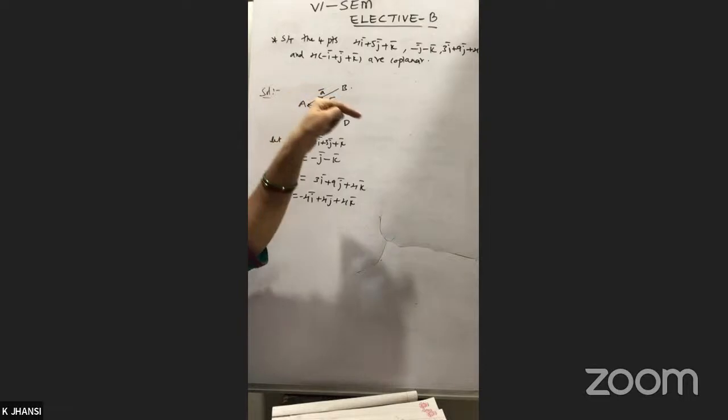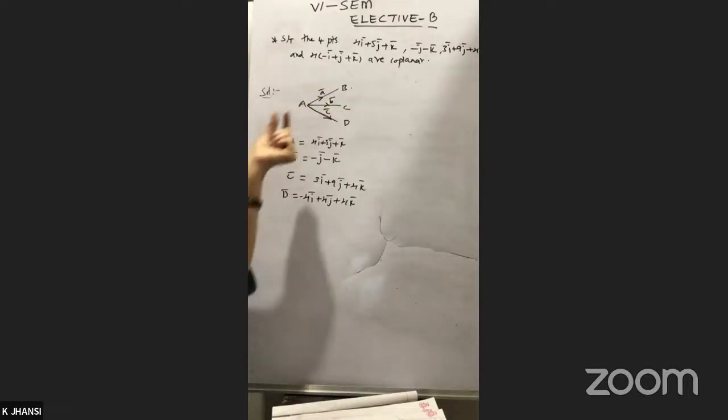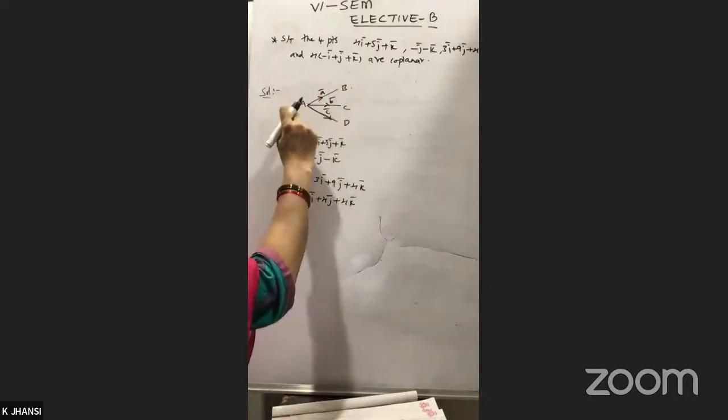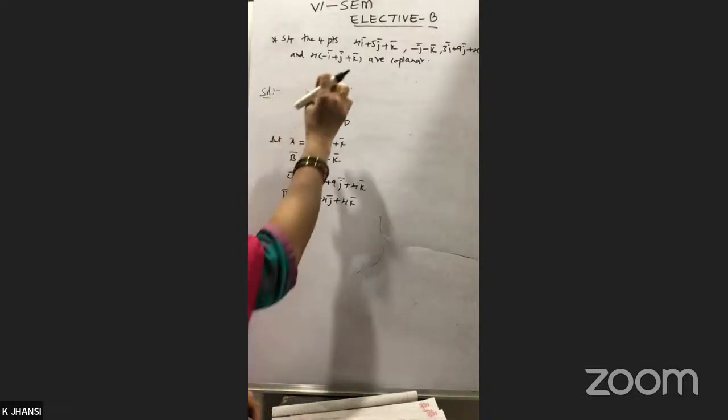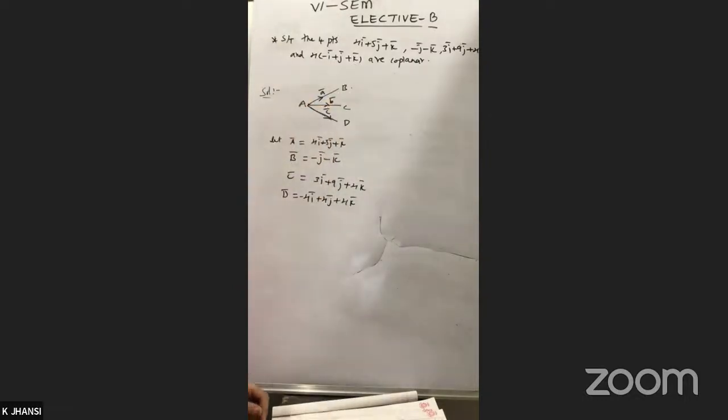But here in the question itself it is given it is coplanar, so all these points lie in the same plane. So if you find AB, AC, and AD, and substitute in the determinant, then we can find the value.